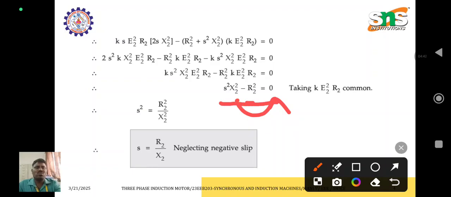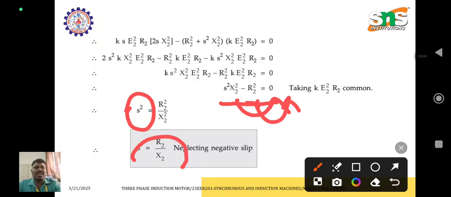So S square X2 square is equal to R2 square, and S square is equal to R2 square divided by X2 square. If I need only the slip, by taking the root, S is equal to R2 by X2.